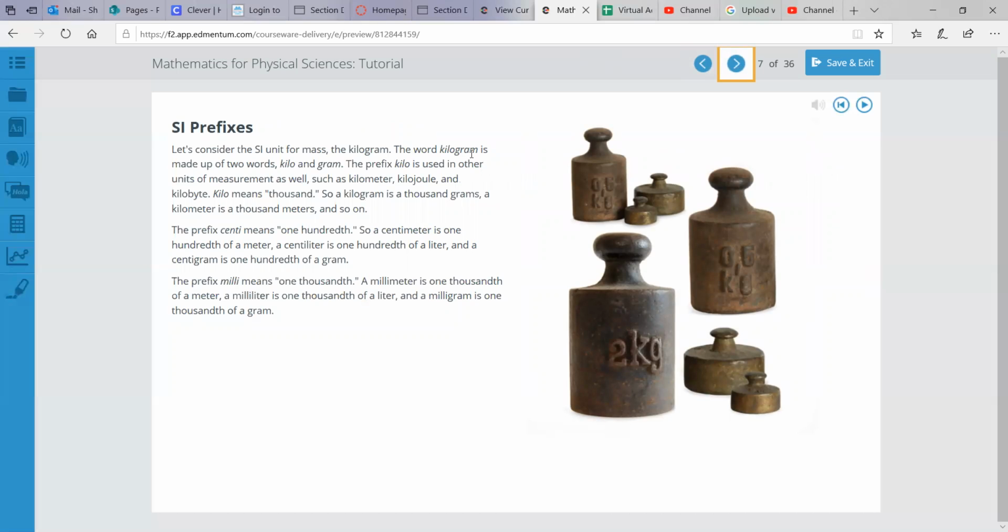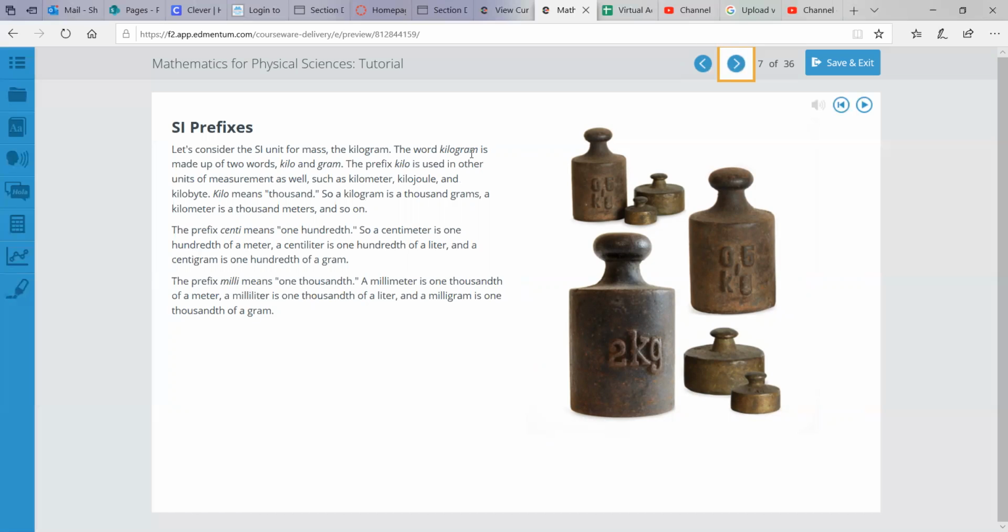So for instance, kilogram is made up of kilo and gram. Kilo is thousand, okay? Think of that as 1,000. So that literally means 1,000 grams. Kilogram, so that's 1,000 grams. So it makes sense.